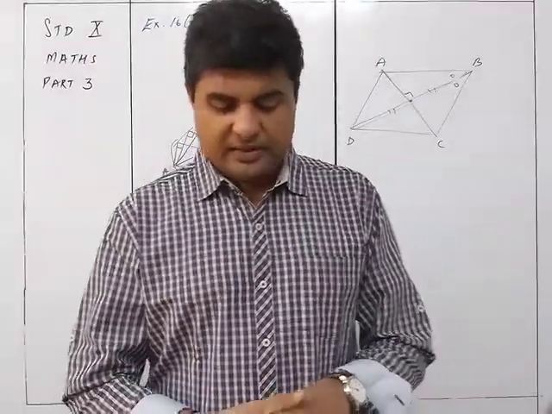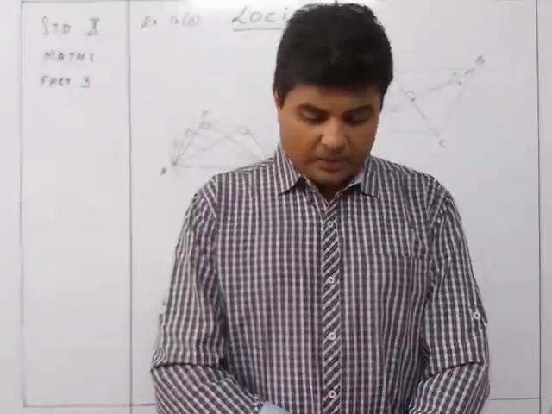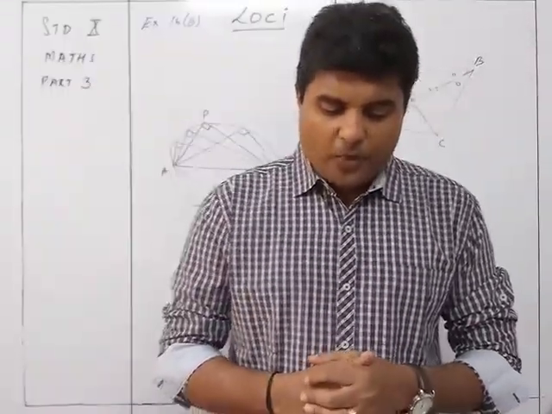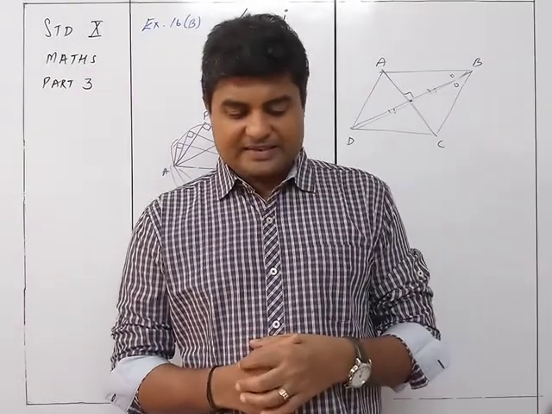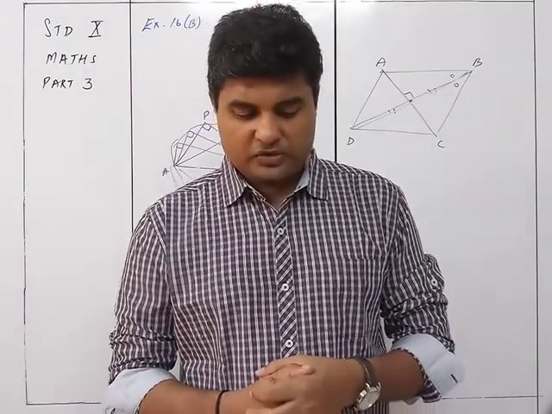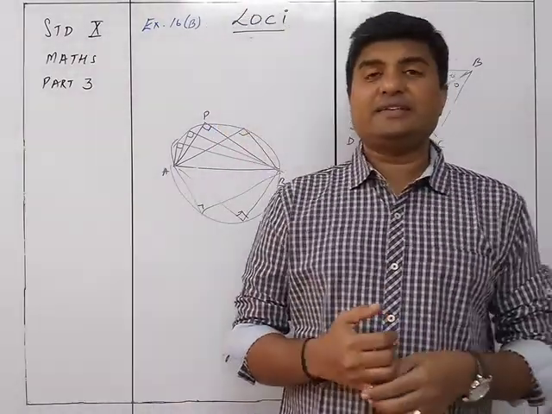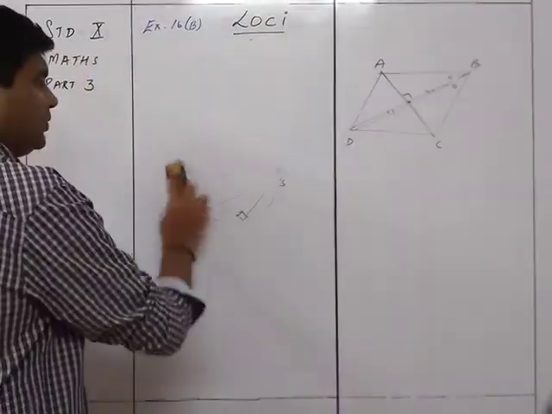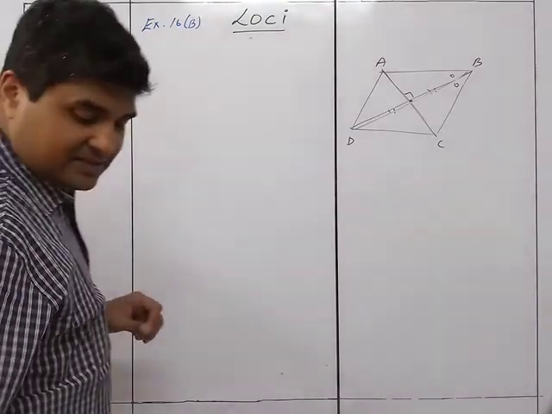We'll continue with question number 15, the 8 questions in question number 15. The locus of a point at a distance less than 3 centimeters from a given point. So less than 3 centimeters, meaning what? We are talking about all the points which are at a distance less than 3 centimeters.